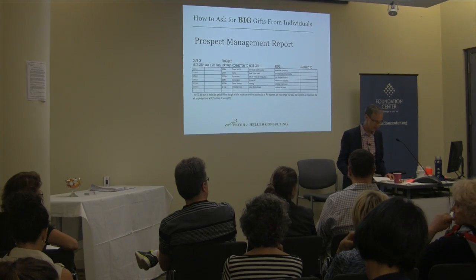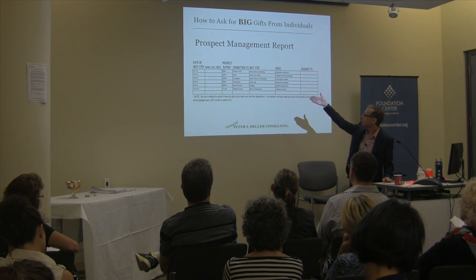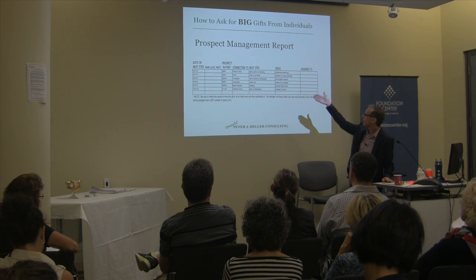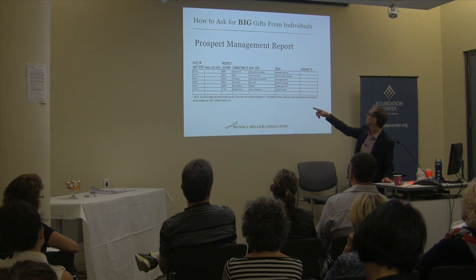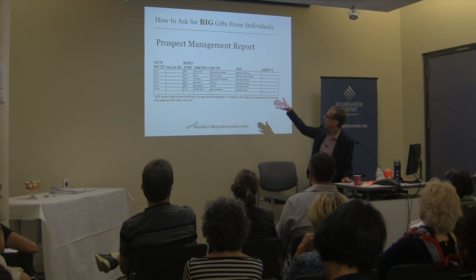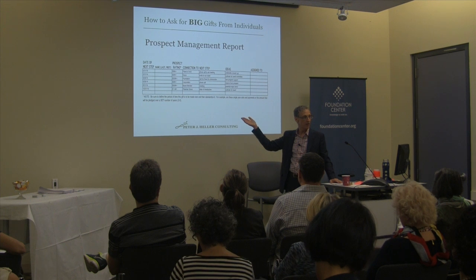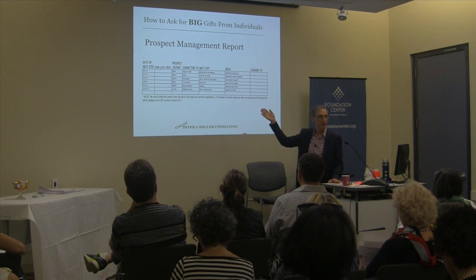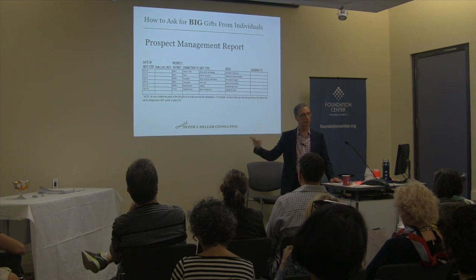Just one last thing on this list, which is the connection to field. That's where you can put how they're connected to you. You can also use that field for the type of donor that they are. You might want to title it a little differently, but it can be: is it an individual, are they a board member?